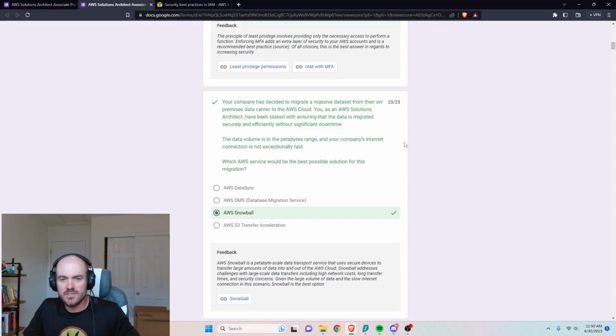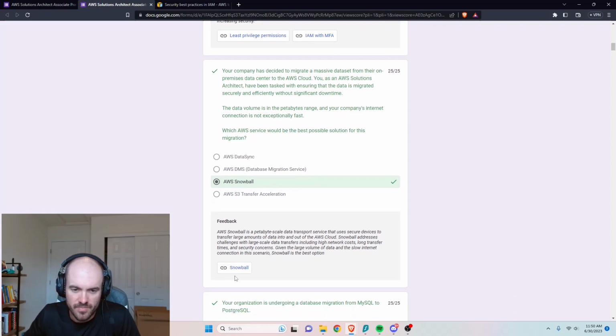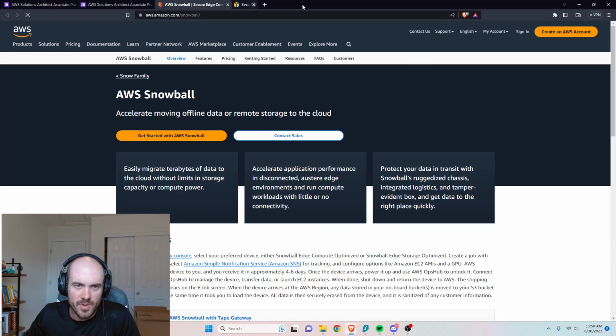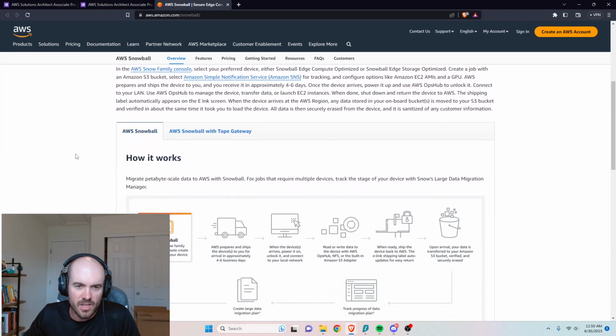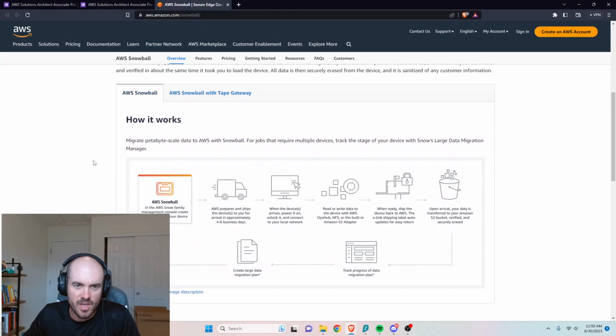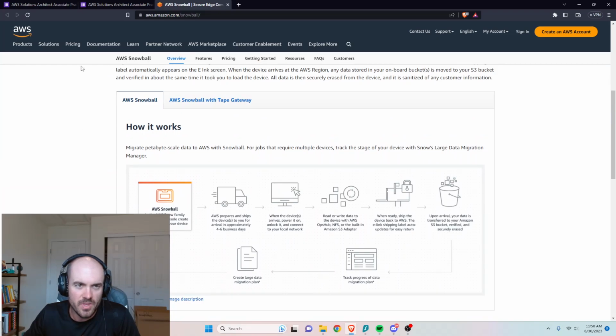Okay, even if you had a fast internet connection, if you have enough data, you really want to consider using Snowball because it's going to be a shorter period of time to get your Snow family device, whether it's Snowcone, Snowball, Snowmobile, whatever, upload it and send it back to AWS and have them upload it as opposed to trying to do all this over the internet. So you can check out more information about Snowball here and the rest of the Snow family as well. Okay.